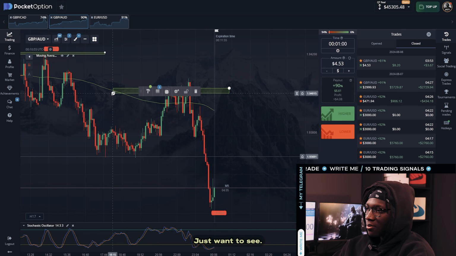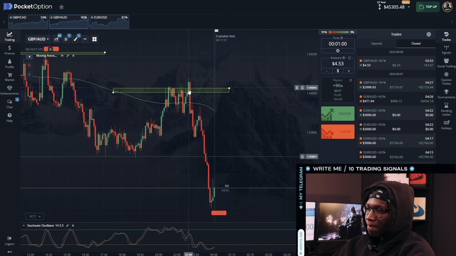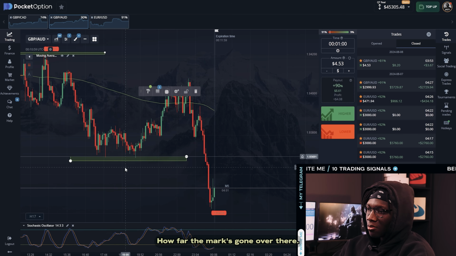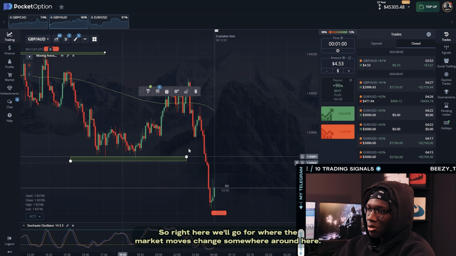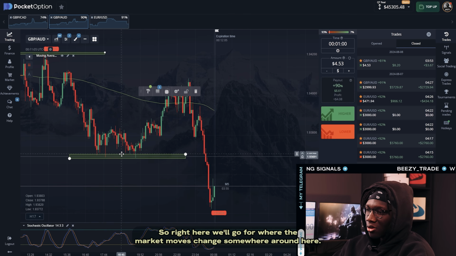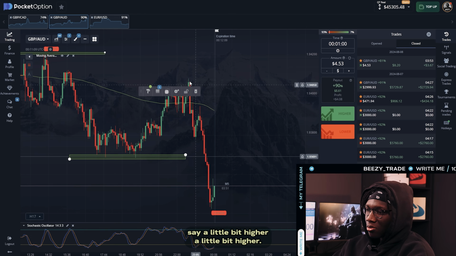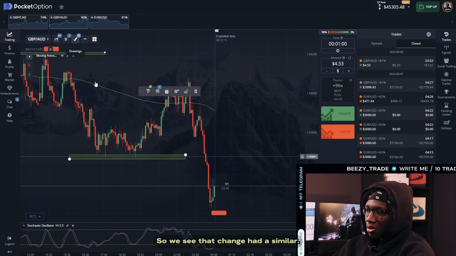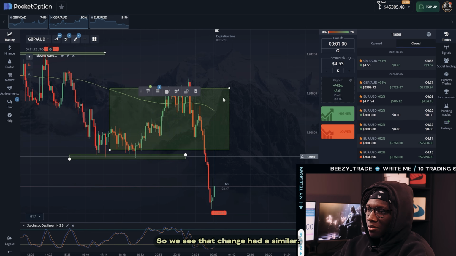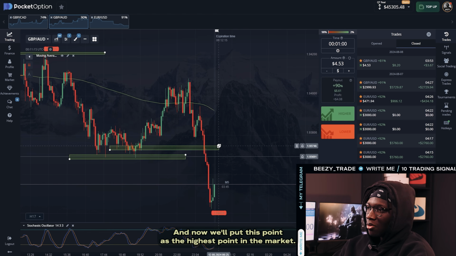Just want to see how far the market is going over there. So right here, we'll go for where the market moves change, somewhere around here. Let's say this is the lowest point right here. No, I'm going to say a little bit higher, just when we see that change. And now we'll put this point as the highest point on the market.